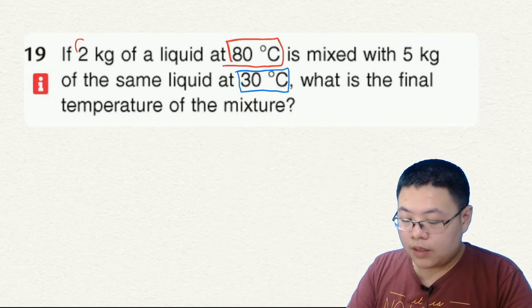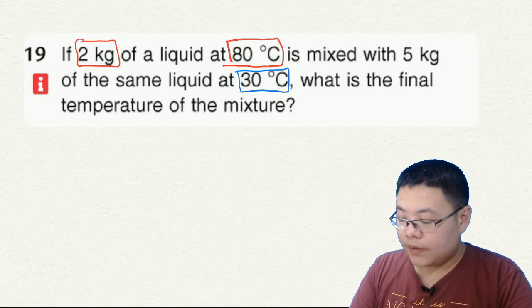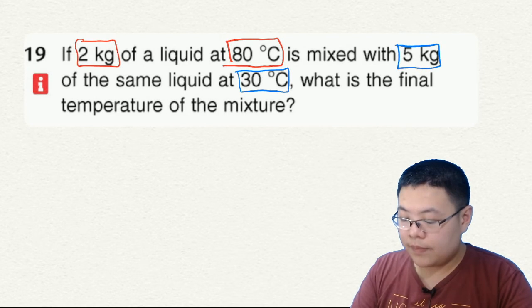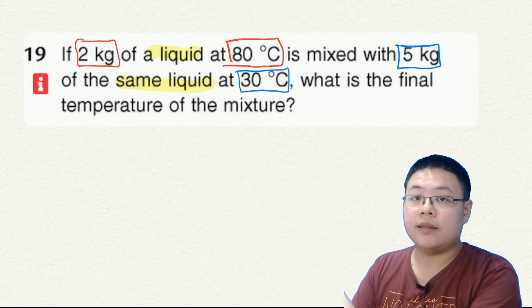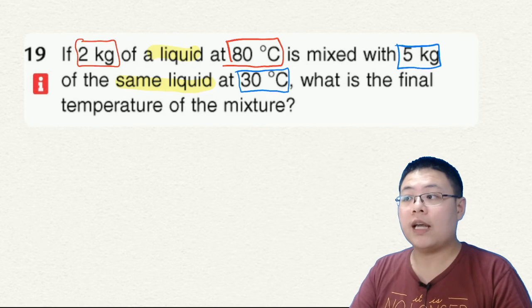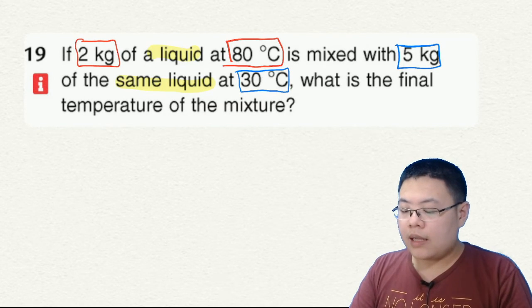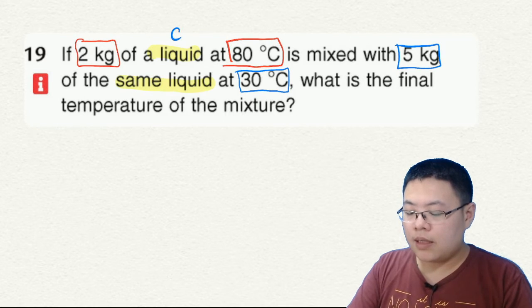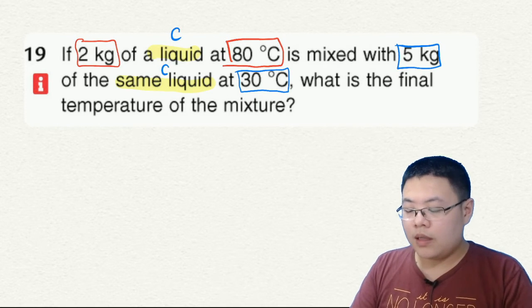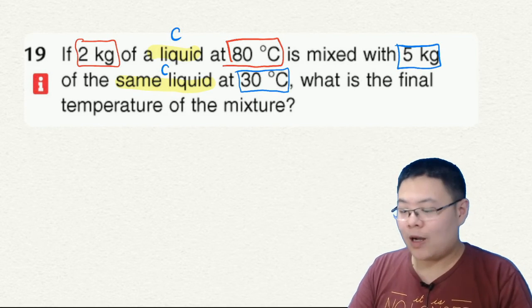For the hot one, it is 2 kilograms, and for the cold one, it is 5 kilograms. This time, it tells us it is the same liquid, so the specific heat capacity would be the same. Let's assume it is C, and it means it can be cancelled out.